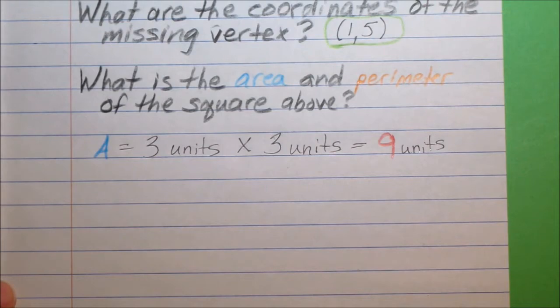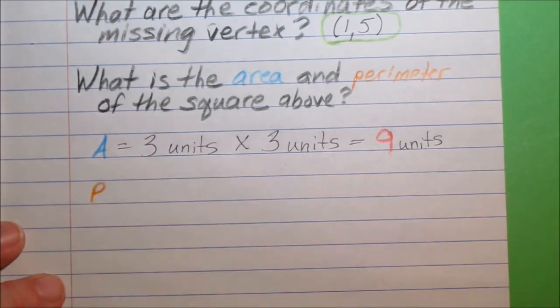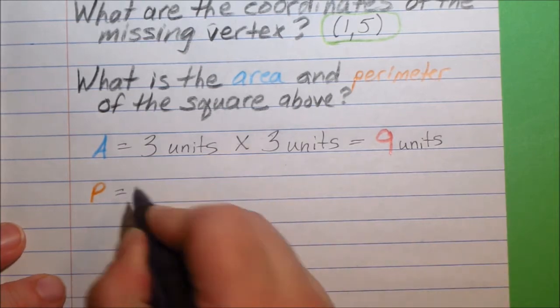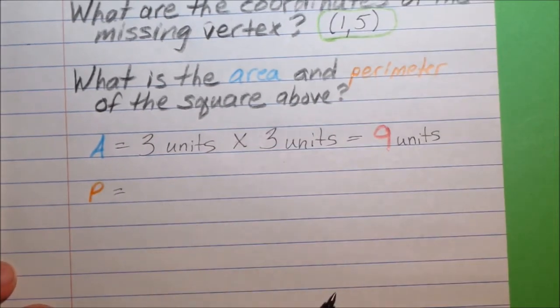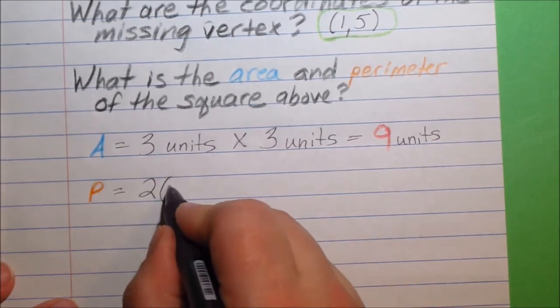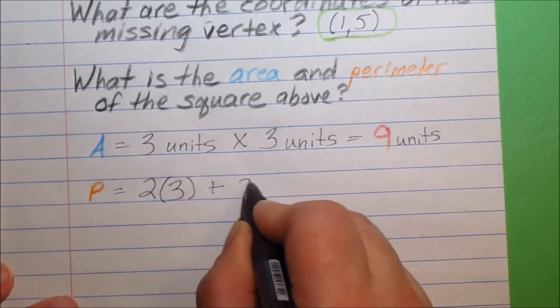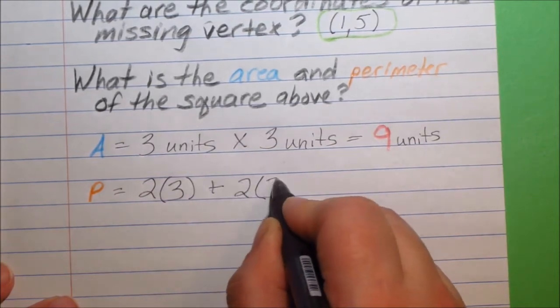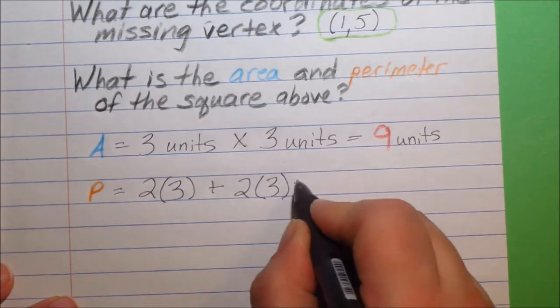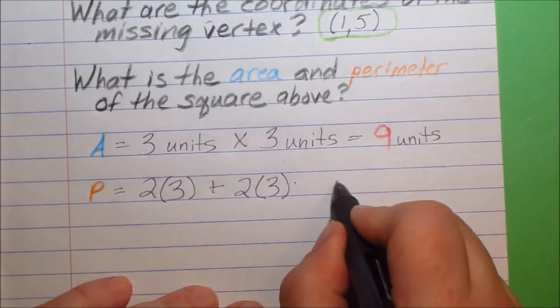Okay. Perimeter equals, remember our formula for perimeter, perimeter equals 2 times 3 units plus 2 times 3 units, and well, I should have wrote units in there.